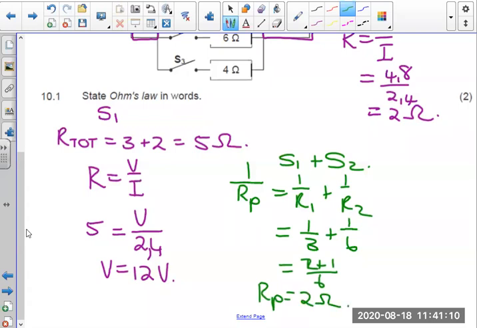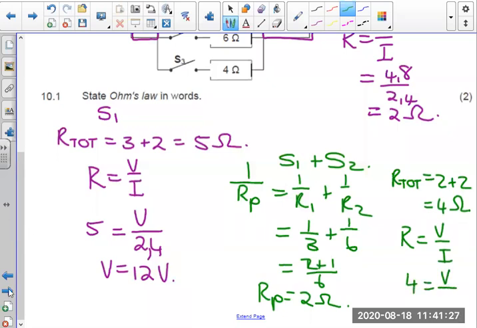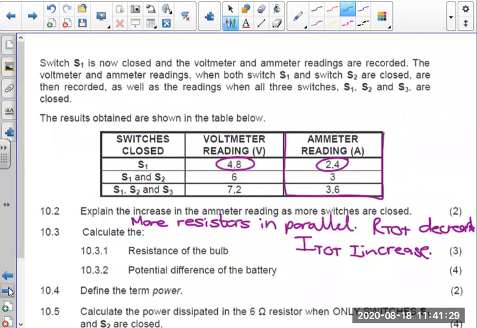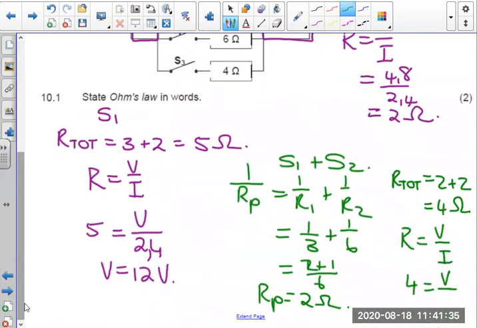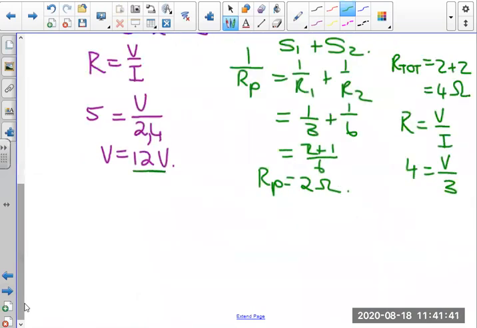Okay. But then we must still say R total is going to be 2 plus 2, which is 4 ohm. So when we work out the total voltage, I'm going to use the 4, but the current is on the table for 2 switches closed, which is going to be 3. So 4 times 3 is going to give me exactly the same answer as the previous one, which is 12 volts.